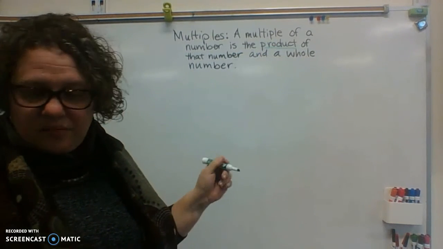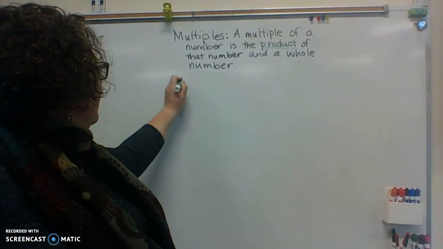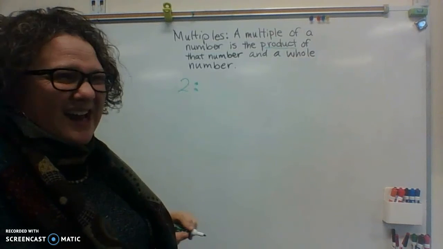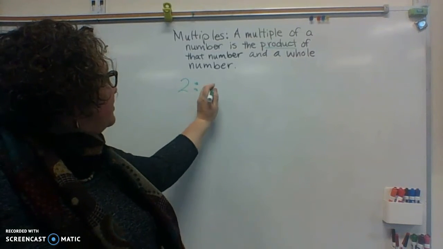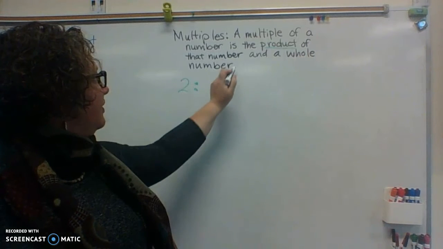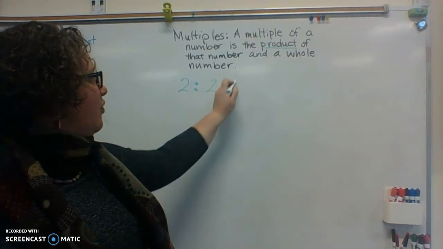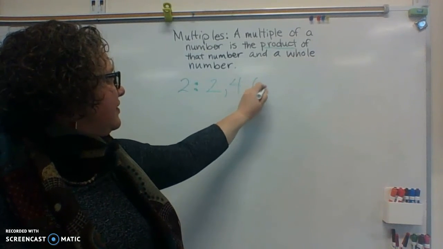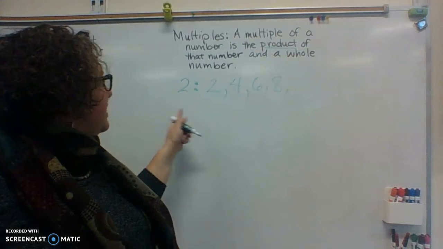So if I do the multiples of 2, for instance, and usually when you're doing this in your books, it's going to ask for the first 5 multiples of 2. So I would just go, well, 2 times 1 is 2. 2 times 2 is 4. 2 times 3 is 6. 2 times 4 is 8. 2 times 5 is 10.